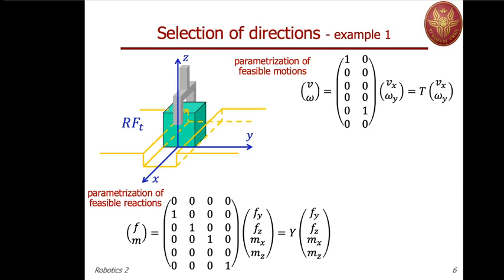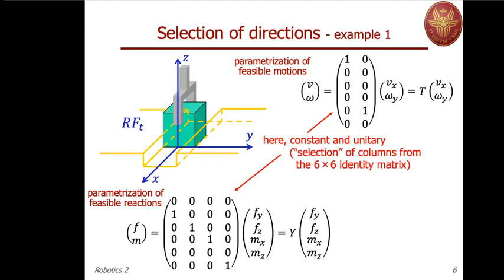So again, you see that we have elementary columns of zeros and 1, with the 1 only in one position, and we can call this matrix, which always has 6 rows and a number of columns equal to 6 minus k, so 4 in this case, Y.